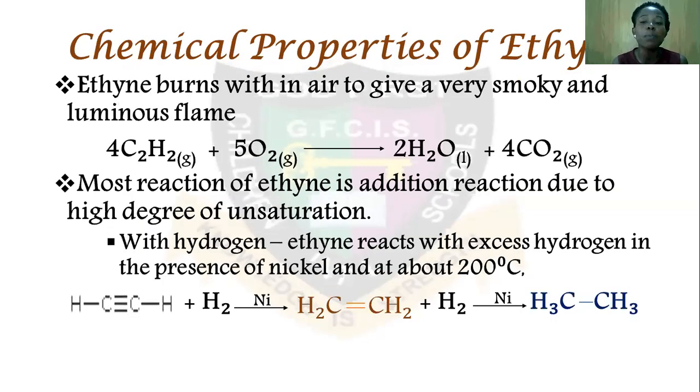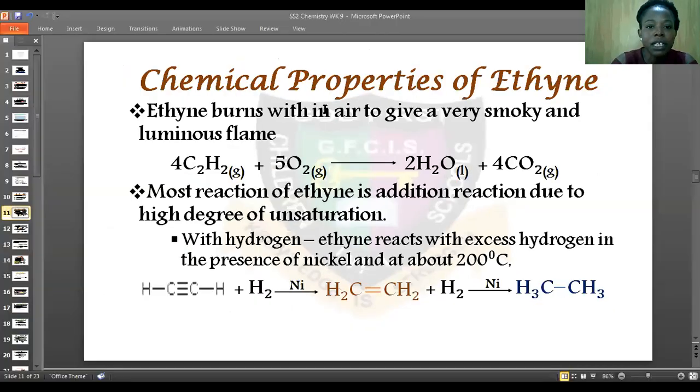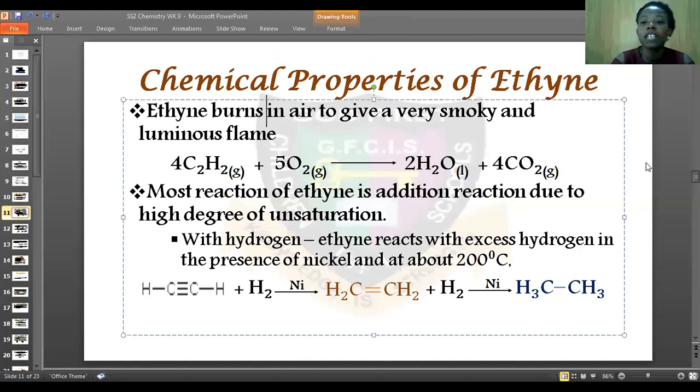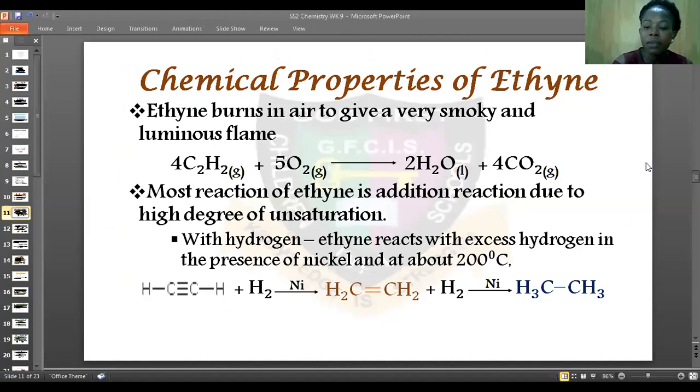Okay, now the chemical properties of ethyne. Ethyne burns in air to give a very smoky and luminous flame. Because of the presence of that triple bond, it will give a smoky flame.